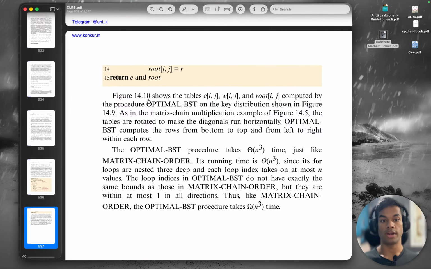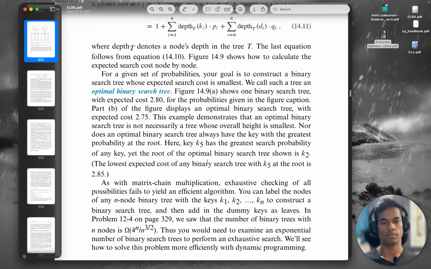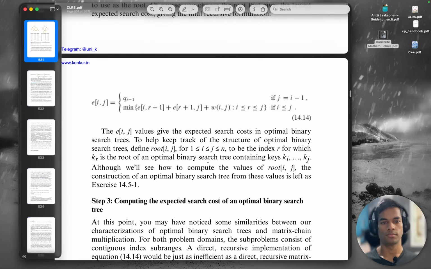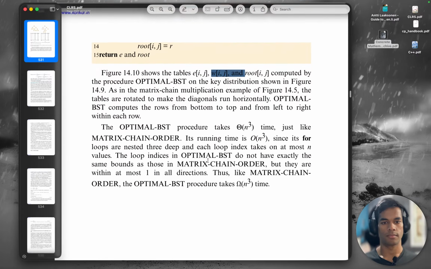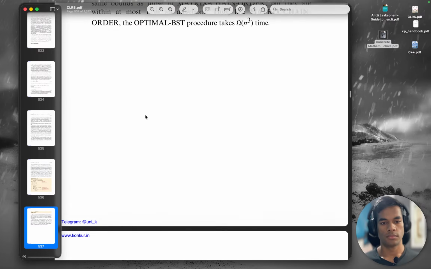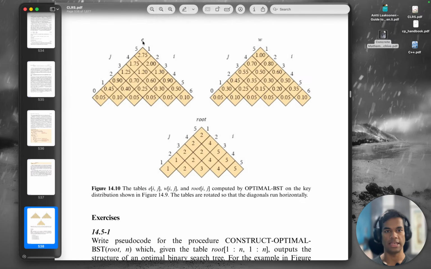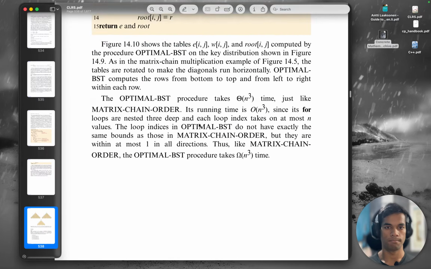Now figure 14.10, which you saw above, shows tables e[i][j], w[i][j], and root[i][j]. This has e values, this has w values, this has values for the root.